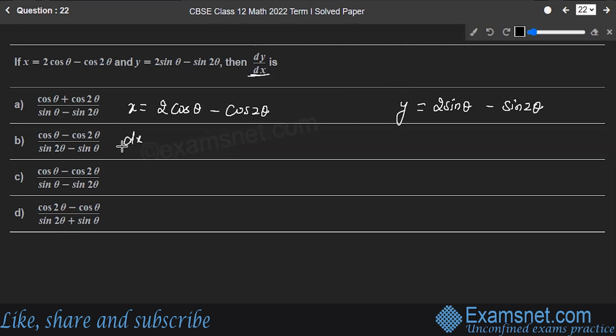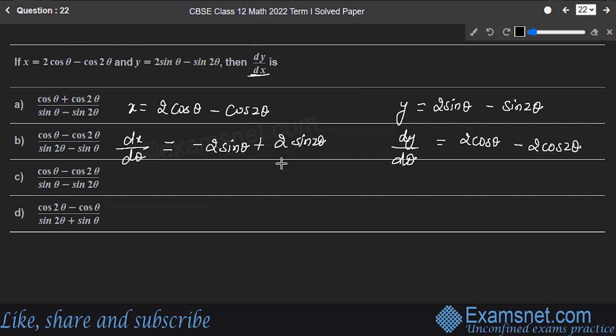Let's find out dx by d theta first, and here I will find out dy by d theta, and then I will divide both of them to get dy by dx. So dx by d theta is equal to minus 2 sin theta plus 2 sin 2 theta. And dy by d theta will be 2 cos theta minus 2 cos 2 theta.